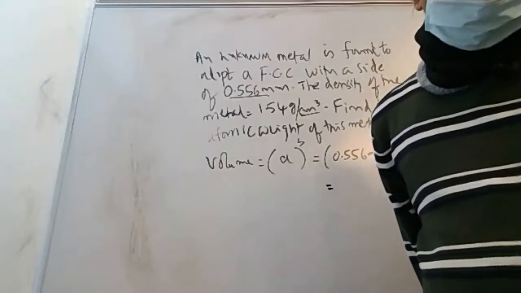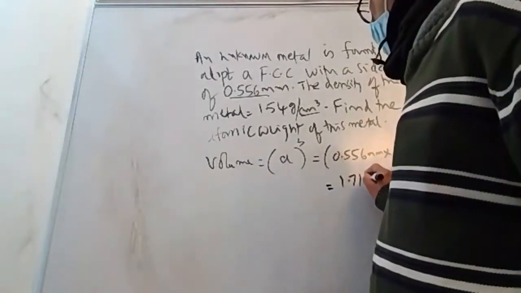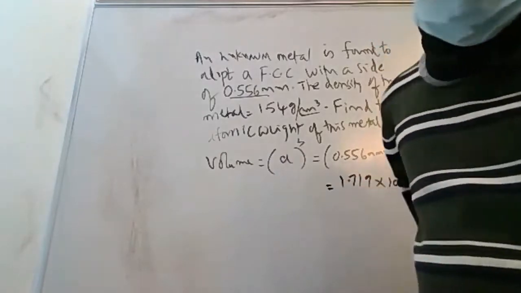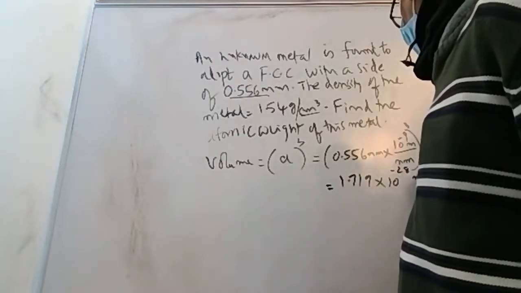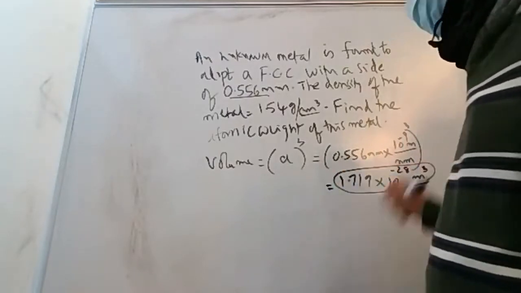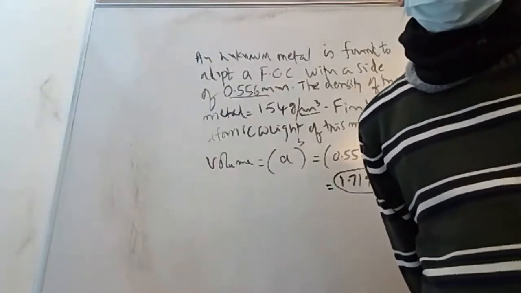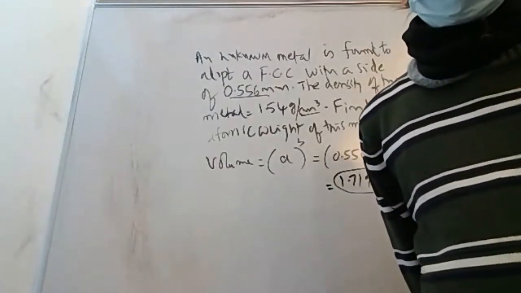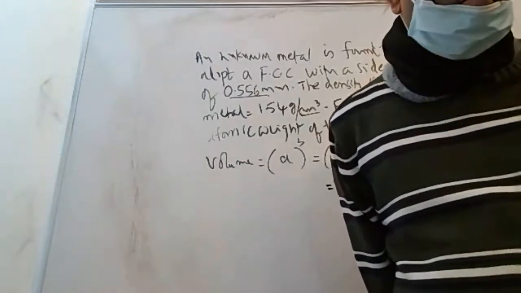When you do that, the number comes to about 1.719 times 10 to the negative 28 cubic meters. That is our volume. Now we have to convert this volume into the mass because I know the density.